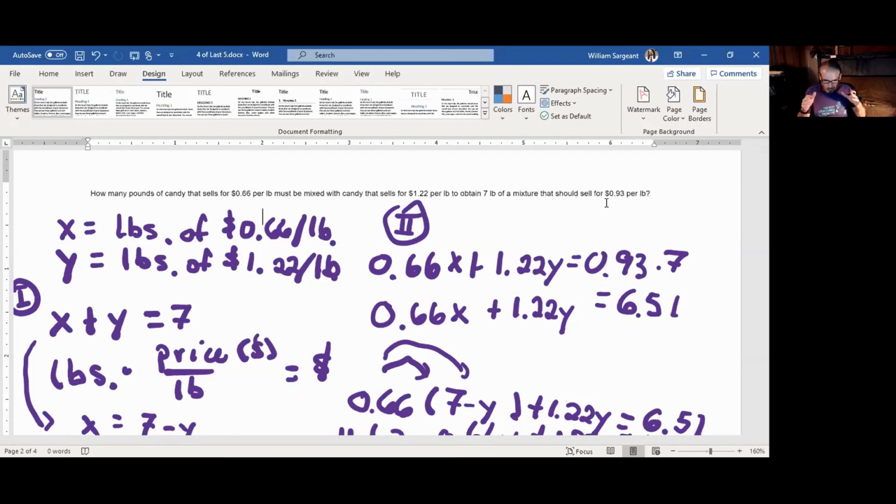So the mixture is almost halfway in between in terms of price, but it leans just a little bit towards the cheaper amount. Makes sense. We're going to be using more of the cheaper candy.